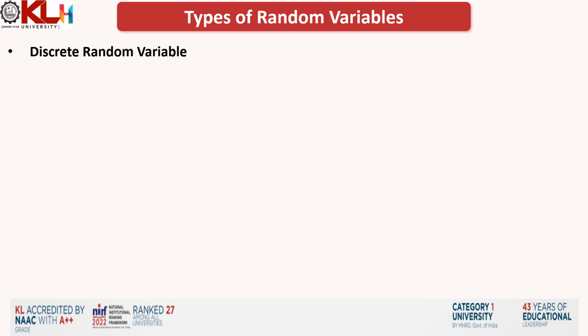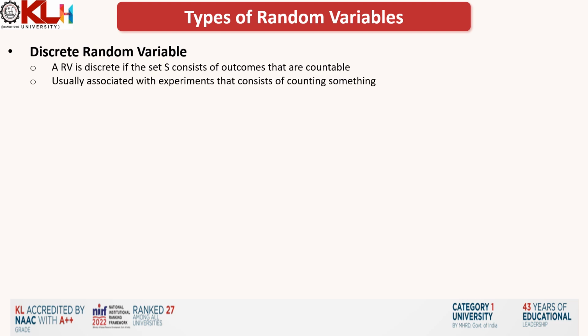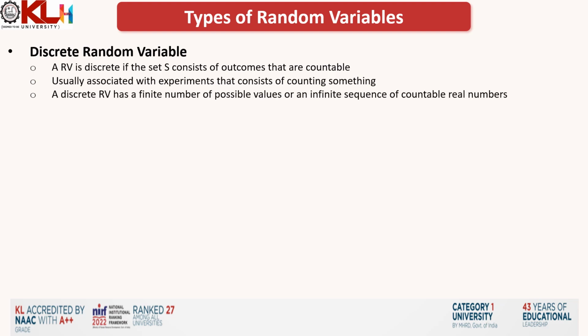Now let's look at different types of random variables. First, we look at the discrete random variable. A random variable is discrete if the set S consists of outcomes that are countable. These types of random variables are usually associated with experiments that consist of counting something, for example, counting the number of heads.